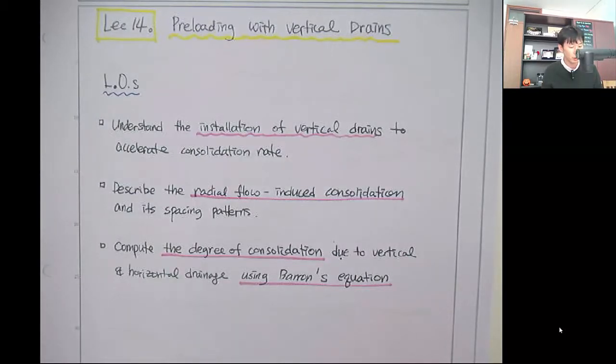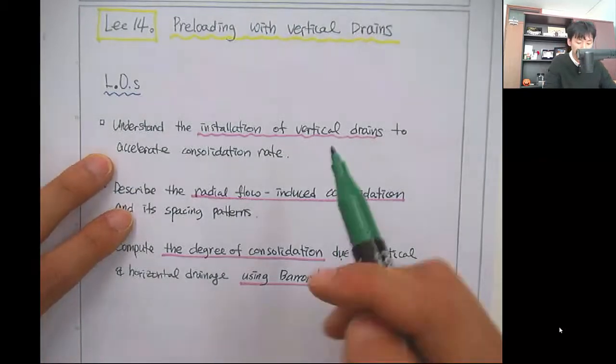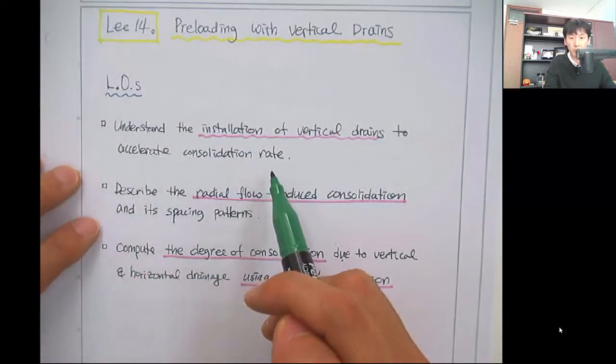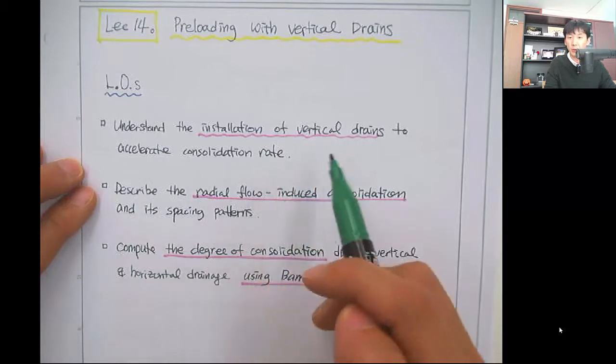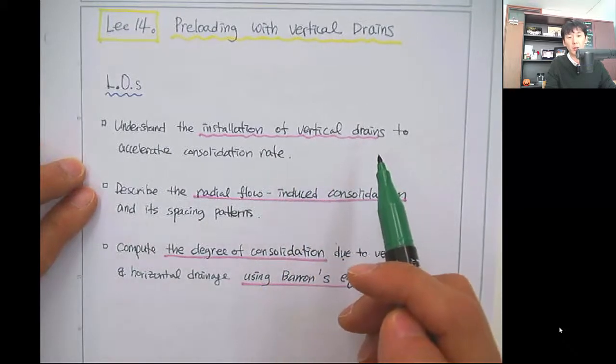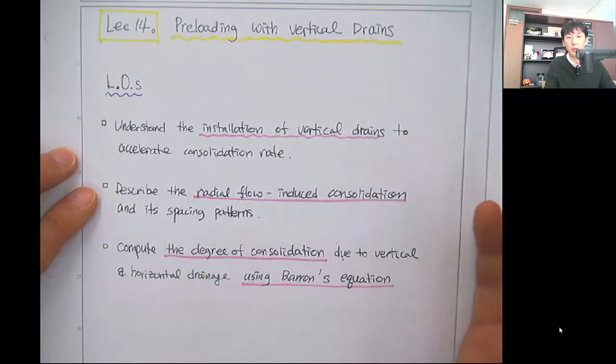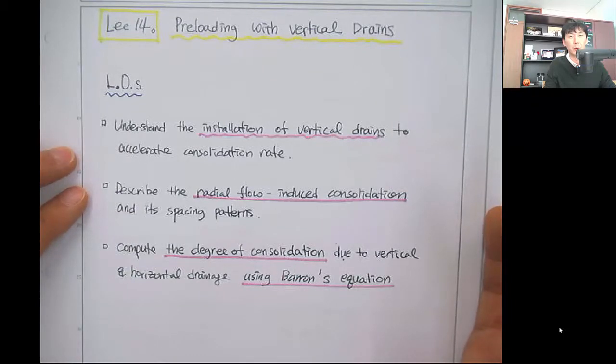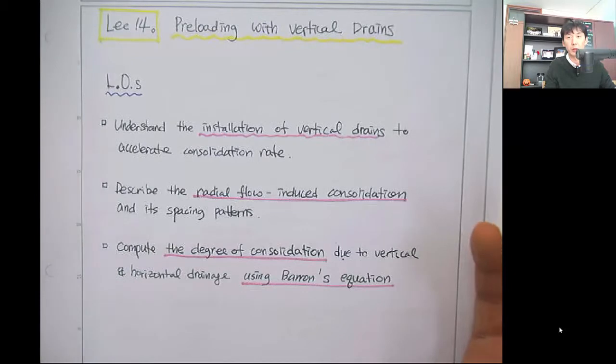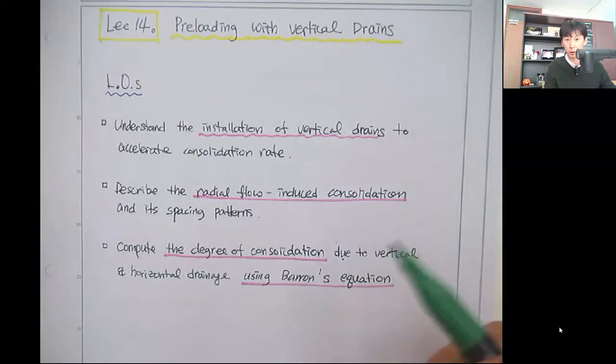So the learning objectives are to understand the installation of vertical drains to accelerate the consolidation rate. Typically the vertical drains are applied to speed up the settlement. Remember T2: T2 is the time at which the surcharge load is removed and the time that you begin to build the real structure.